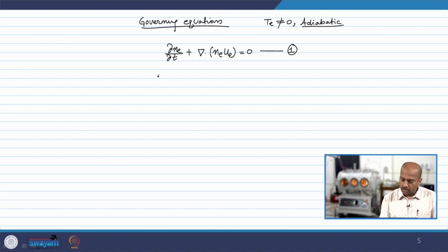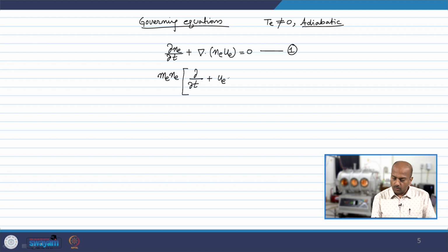The second one is me Ne, mass of electron times the number of electrons per unit volume, which is equal to the density itself, times the total derivative dou by dou t plus Ue dot del, times Ue, is equal to minus e E minus del P. So, what is the change here?